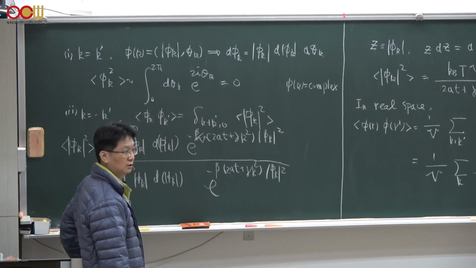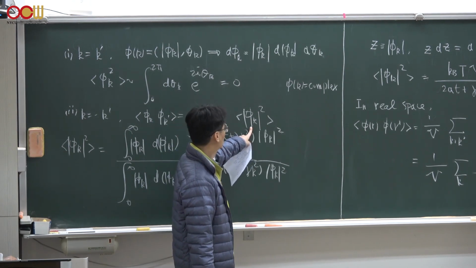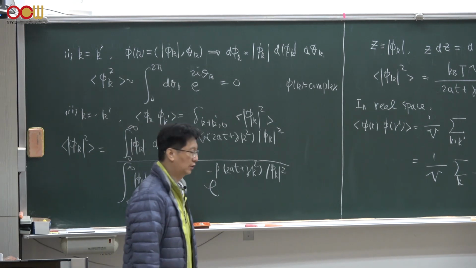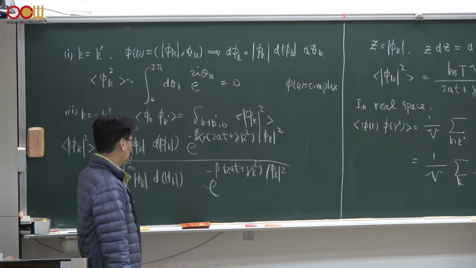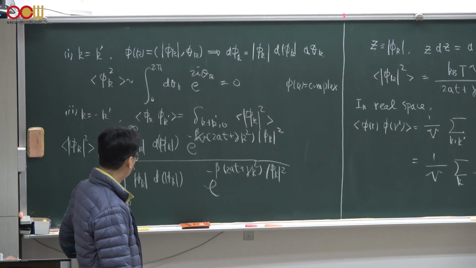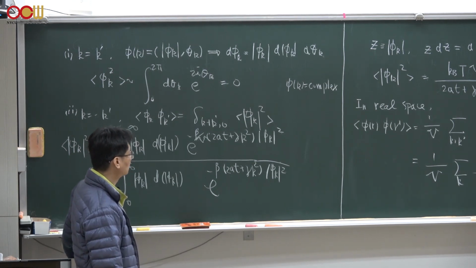And the integration to be evaluated is the absolute value square of phi k. Therefore, there's no angle integration involved, only the magnitude. Of course, if you compute this magnitude integral over d phi magnitude, it will lead to a finite value.